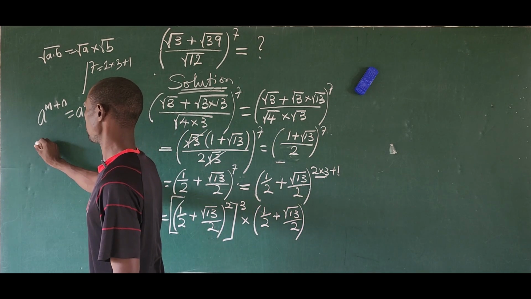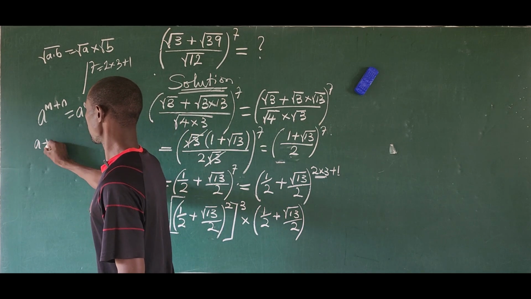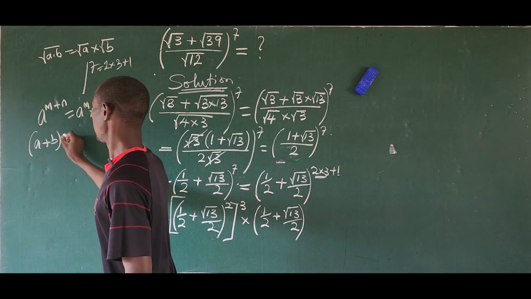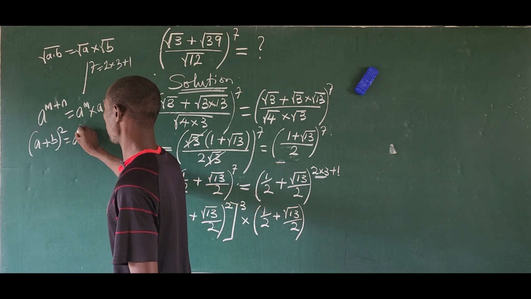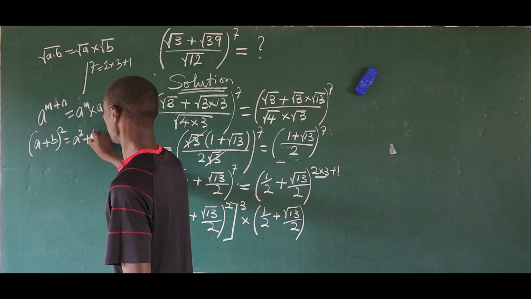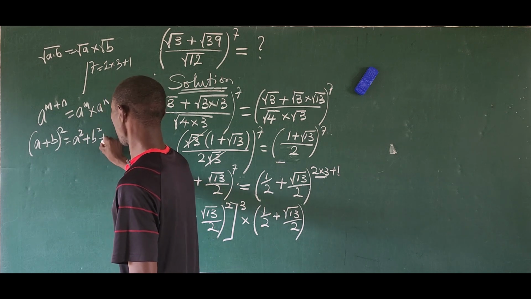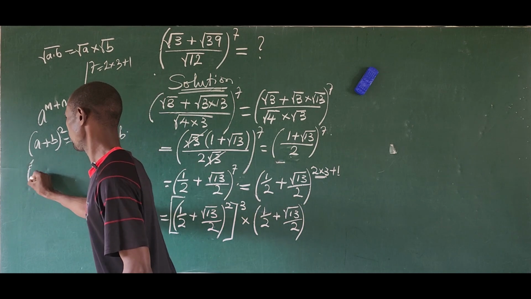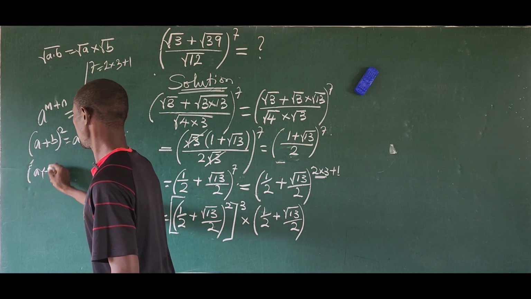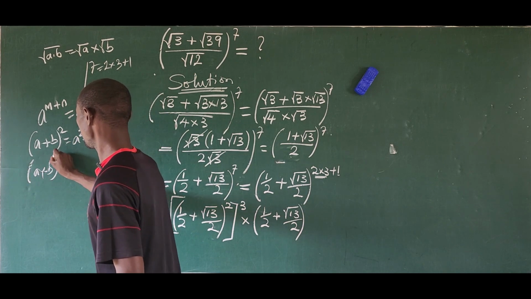It says that if you have a plus b to the power of 2, this is equal to a to the power of 2 plus b to the power of 2 plus 2ab. Then that of 3, we have this to the power of 3.